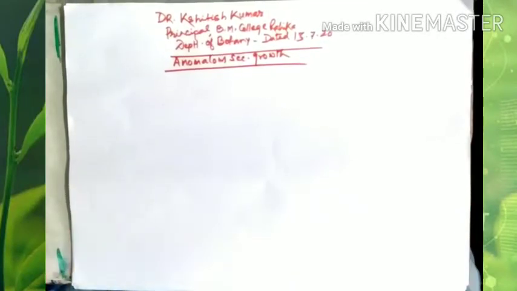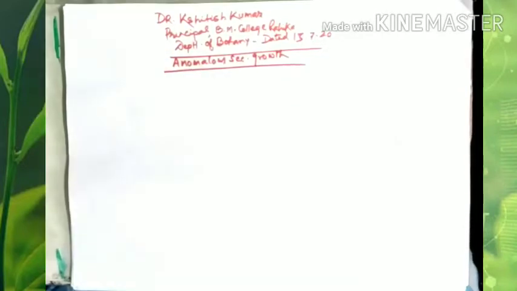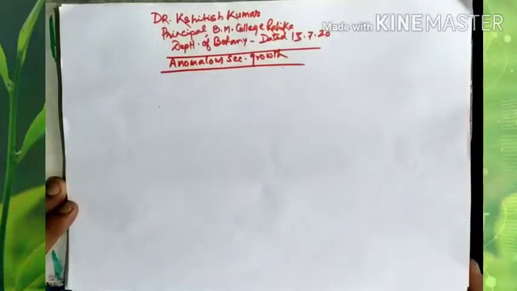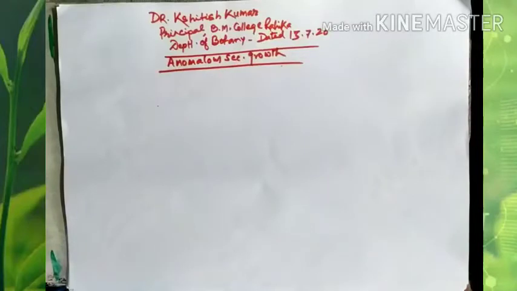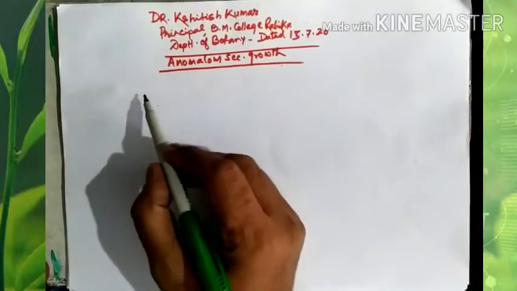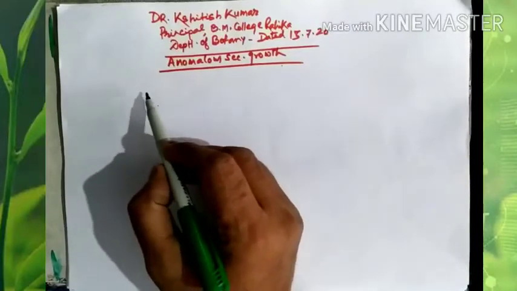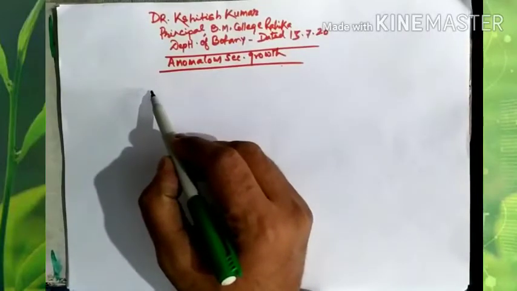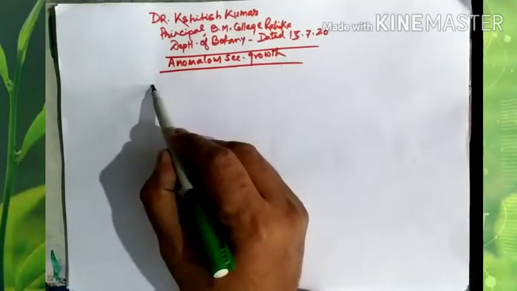Hello friends, today we are going to discuss anomalous type of secondary growth. First of all, we should know what are the types of growth in plants. First, consider a plant which is going to emerge from a germinating seed.